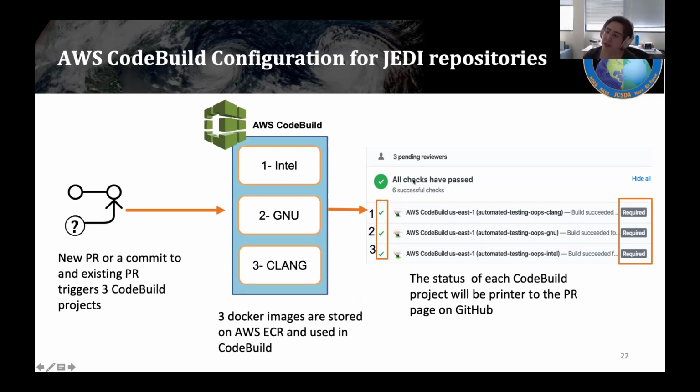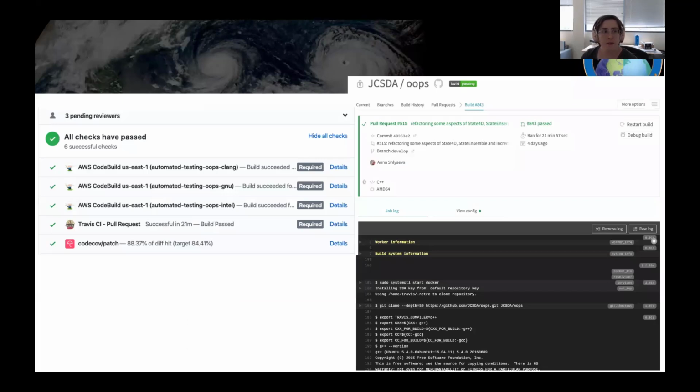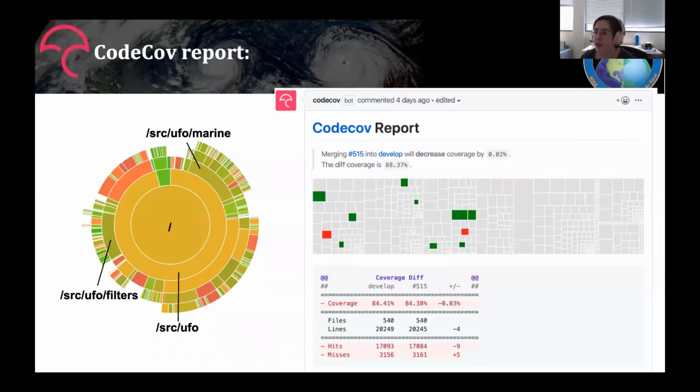If not, you will get a red cross, meaning that something went wrong and you need to debug the code or solve the issue with the testing. This is just an example of some screenshots of how the automated testing interface looks.